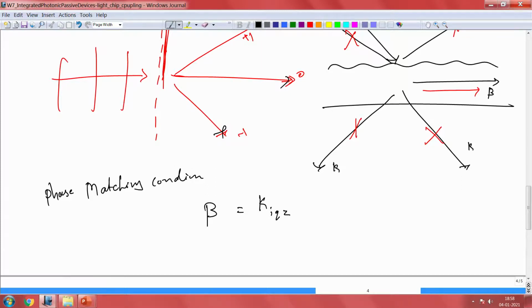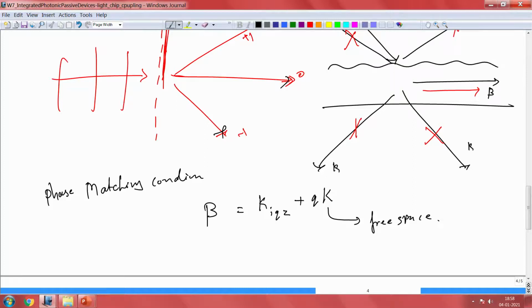The small k is from your free space, your free space illuminating light that is coming in, and you should be able to couple this through your structure.